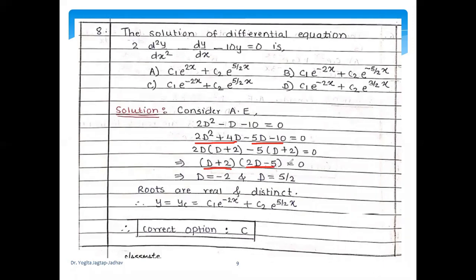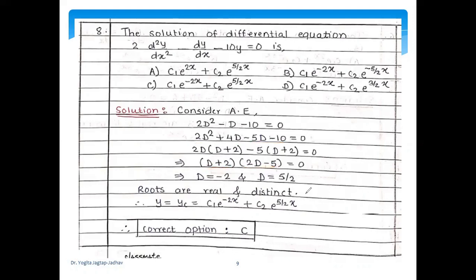The product of these two terms equal to 0, right? When I compare each of the terms with 0, from the first term I get d equal to minus 2, and from the second term we get d equal to 5 by 2. Therefore, here the nature of the roots is real and distinct.